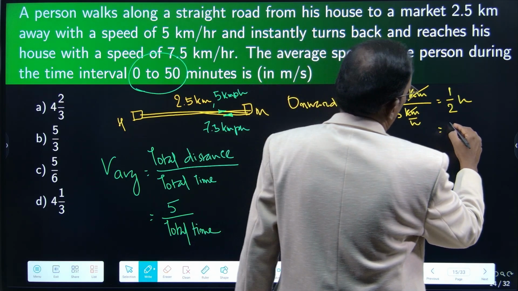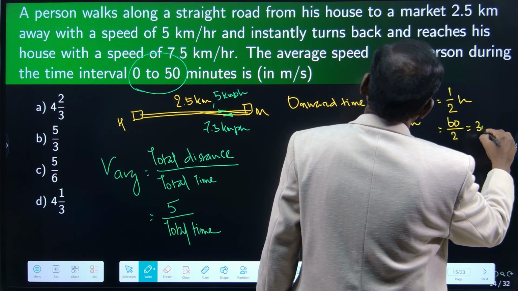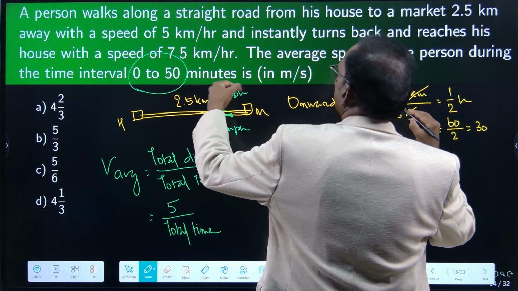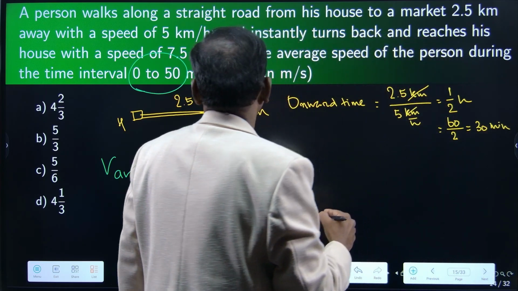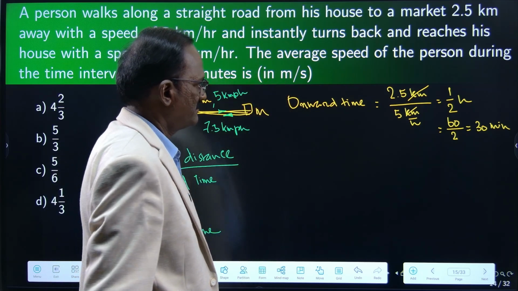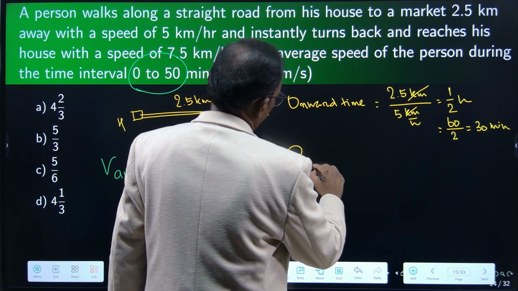So half an hour is equal to 60 divided by 2, which is 30 minutes. Onward time is 30 minutes.